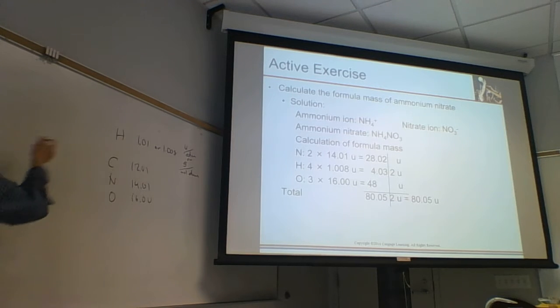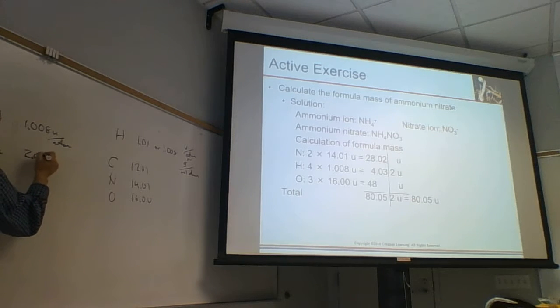I would use hydrogen as 1.008 if I'm talking about atoms of hydrogen. How much does an average atom of hydrogen weigh? It weighs 1.008. And that gives me 4 sig figs. I want 4 sig figs in my calculations usually. Or if I'm talking about H2, I could do it 2 ways.